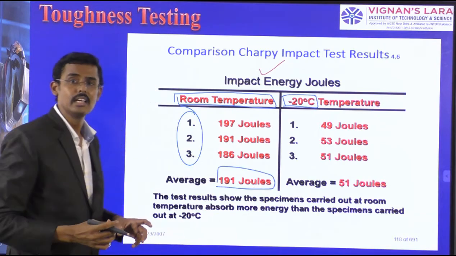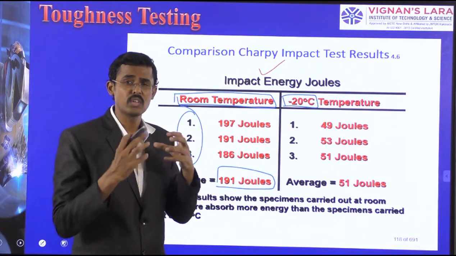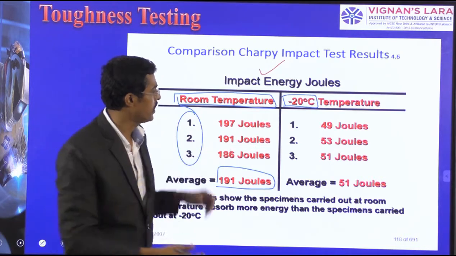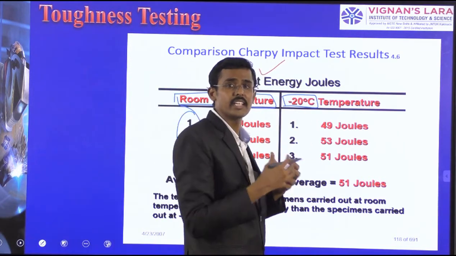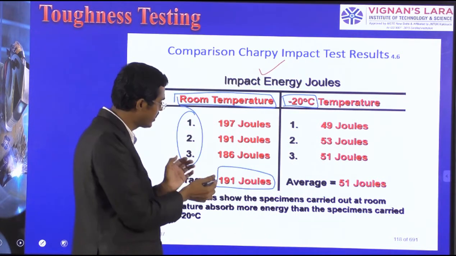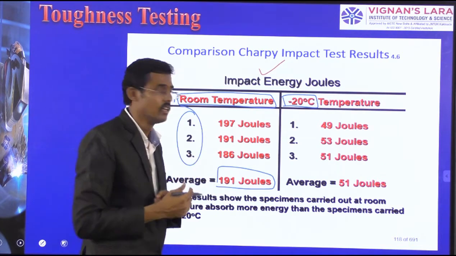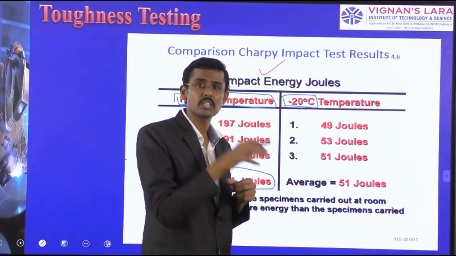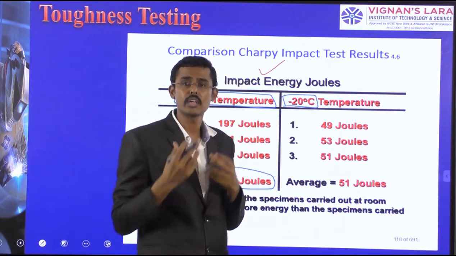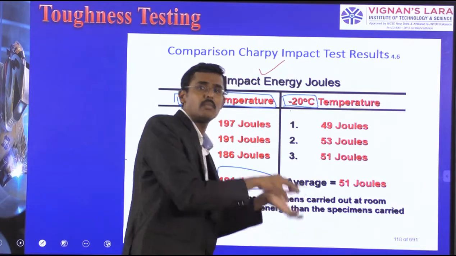But when the same material is subjected to a cryogenic temperature, a very cold condition, what happens? It breaks under impact and converts to brittle. At room temperature it acts as a ductile material, so it withstands more, with about 194 joules of impact energy. But at minus 20 degrees, it totally converts from ductile to brittle fracture.